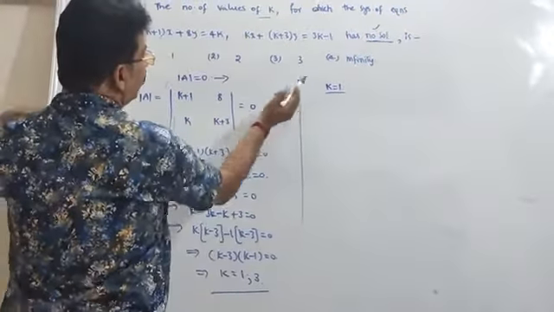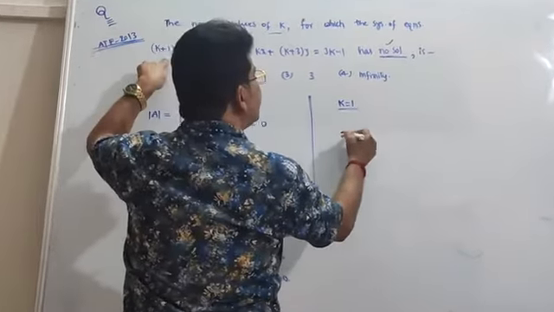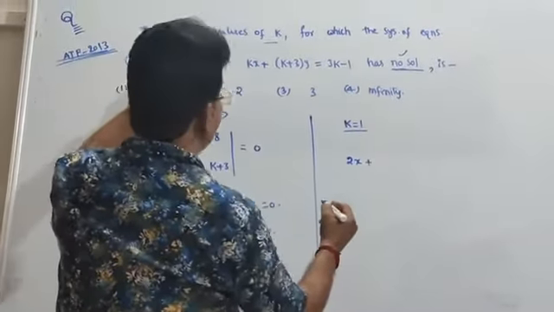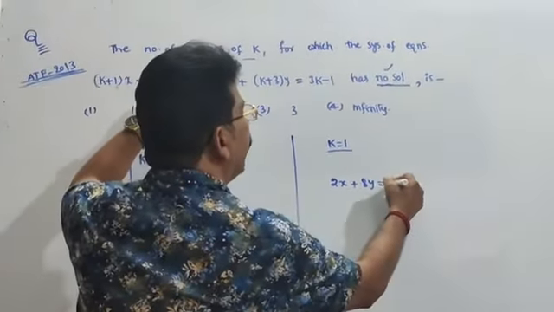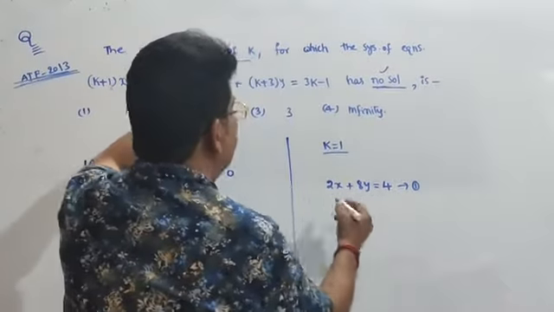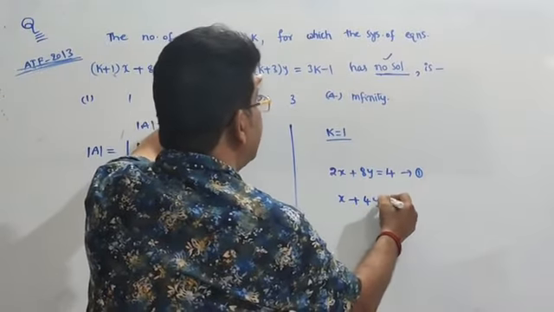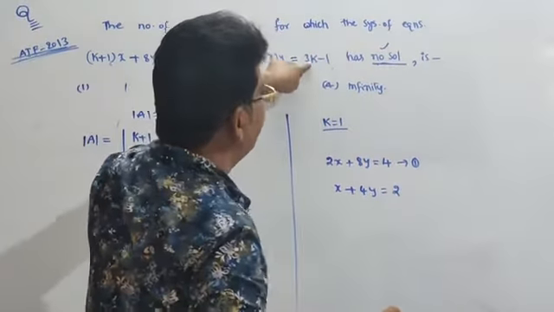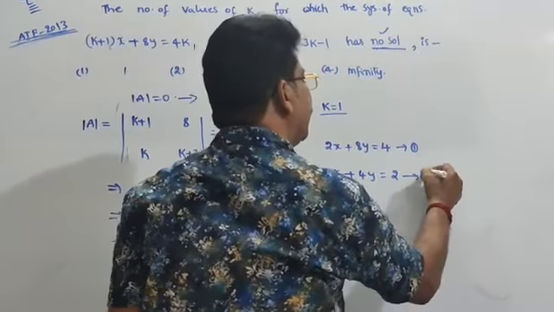If k equal to 1, the first equation is 2x plus 8y equal to 4. The second equation, with k equal to 1, is x plus 4y equal to 2, since 3 minus 1 is 2.